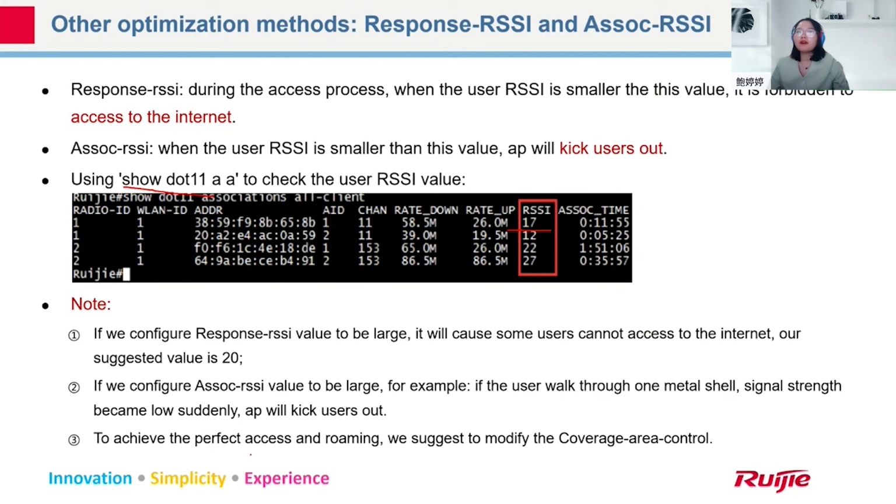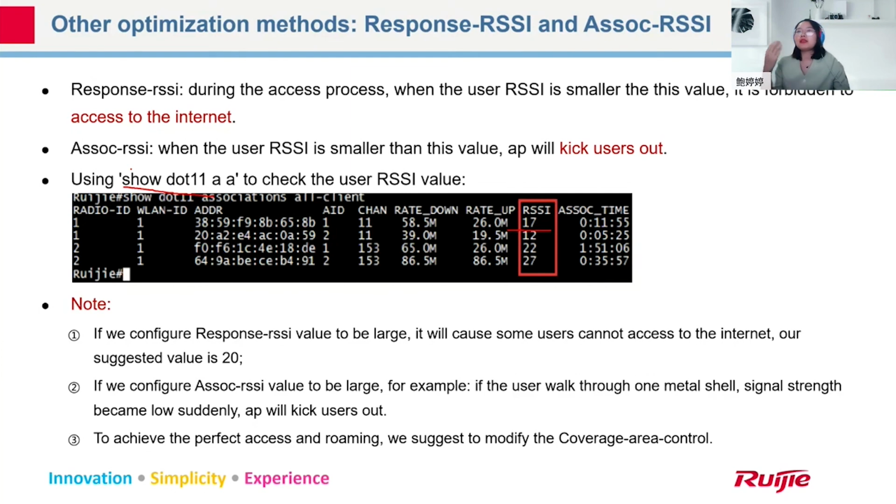To achieve perfect access and roaming, we suggest to modify the coverage area control. When we change the coverage area control power value, all of the parameters, including the RSSI, the response RSSI and the associate RSSI, will be influenced.